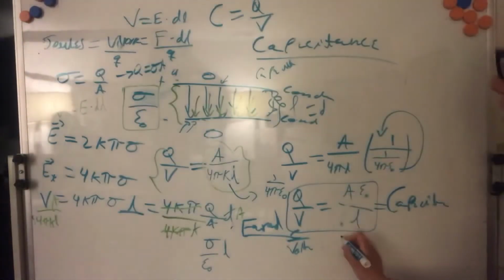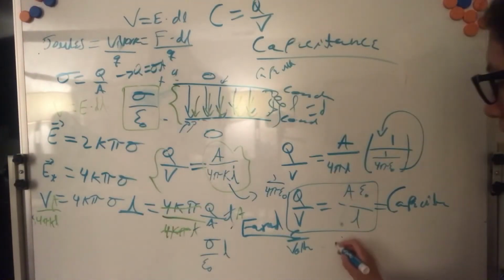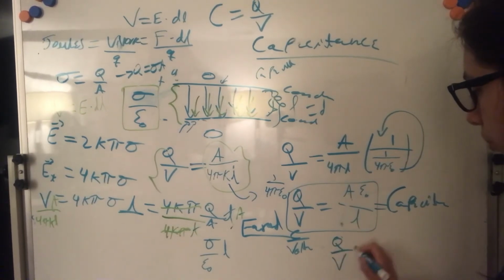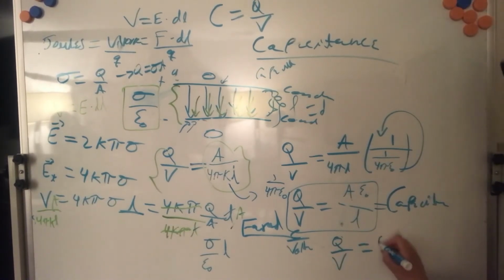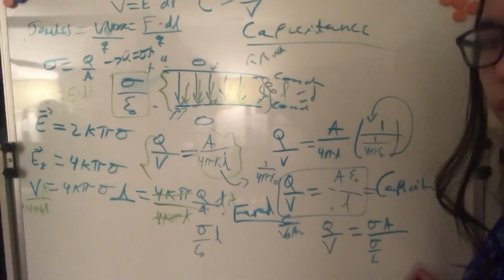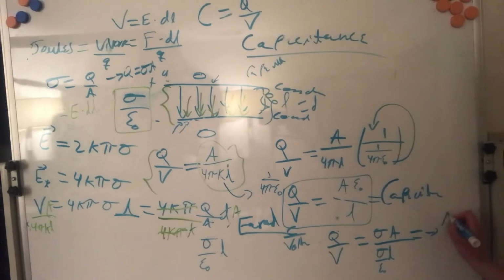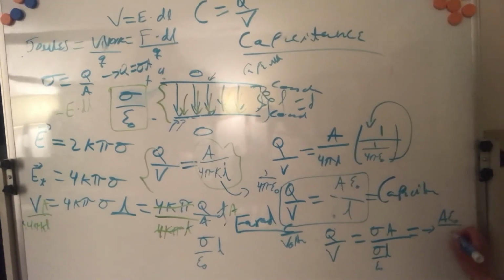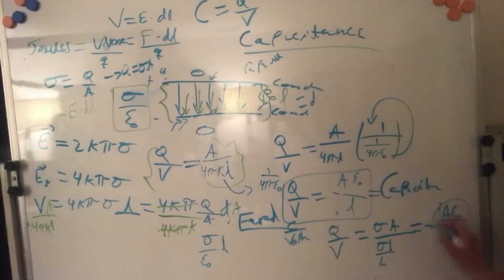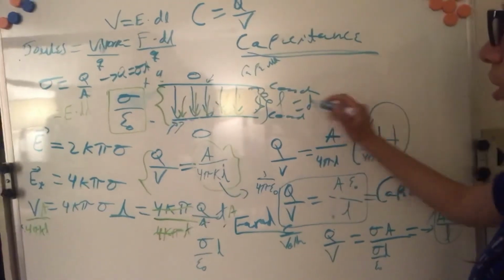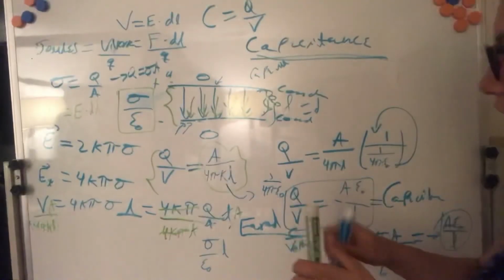So we have that charge divided by voltage is sigma times the area divided by sigma epsilon naught L, and this goes to area epsilon naught divided by L, and so this again is the capacitance of this condenser or capacitor.